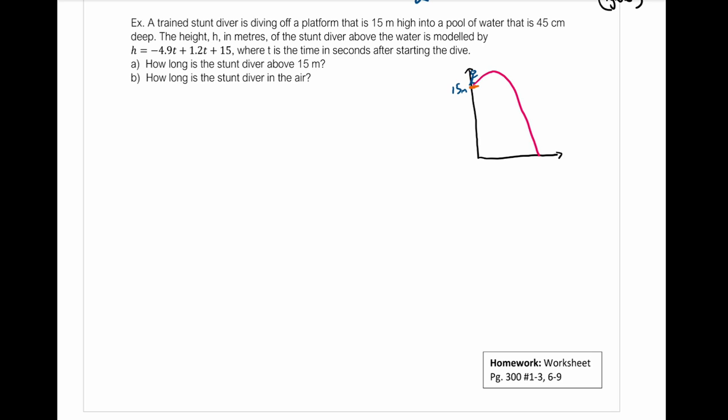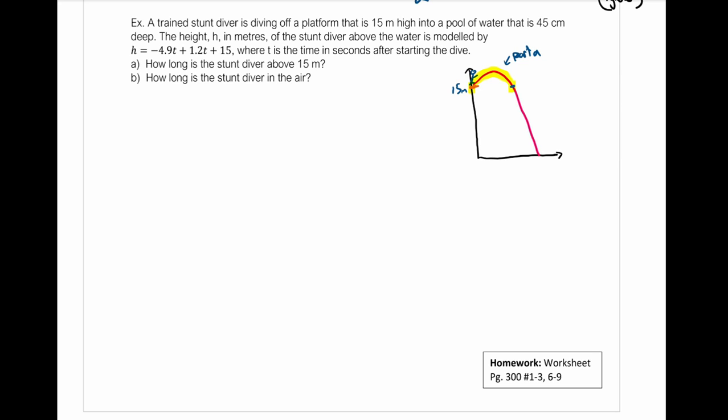So the one part is asking how long is he above 15 meters. Because it's a parabola or quadratic, we know that it's going to hit 15 meters twice. So we're looking for that time from when he starts to when he hits 15 meters again.